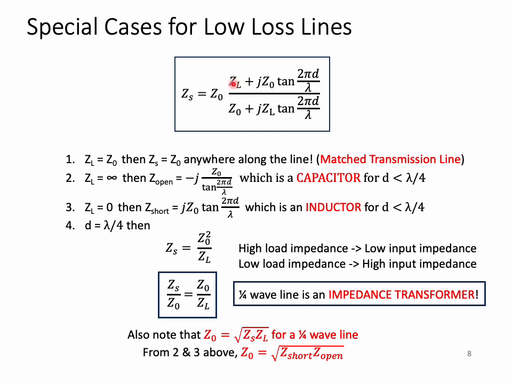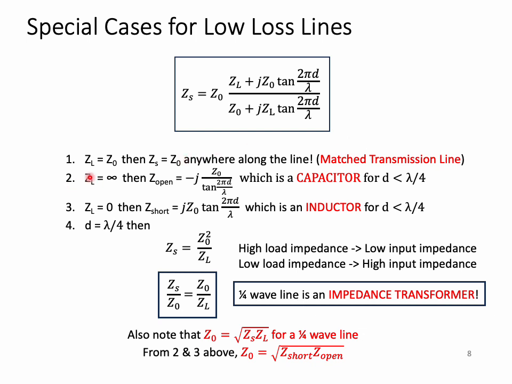In other words, Z0 plus JZ0, Z0 plus JZ0, it all cancels out. So the impedance at any given point on the line, no matter what D is, and no matter what the wavelength is, is equal to the characteristic impedance. In other words, looking into the line, we can see Z0 no matter where we are. That's called a matched transmission line for obvious reasons.